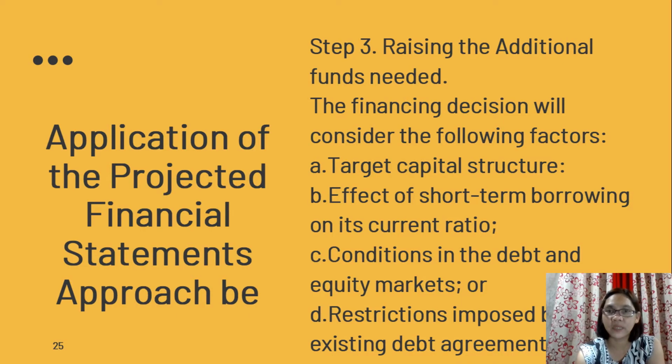Step number 3, raising the additional funds needed. The financing decision will consider the following factors: A, target capital structure, B, effect of short-term borrowing on its current ratio, C, condition in the debt and equity markets, or restriction imposed by existing debt agreement.